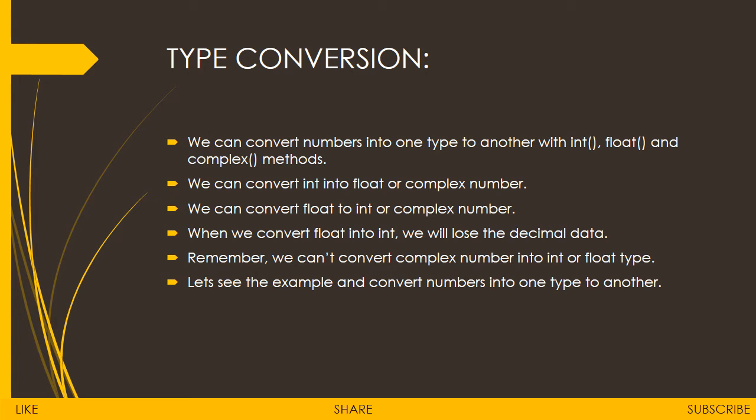But we can't convert complex number into integer or float, as we will lose the imaginary part of the data in that. When we convert float into integer, we will lose the decimal data because integer numbers only show the real part. Let's see the example and convert numbers from one type to another.